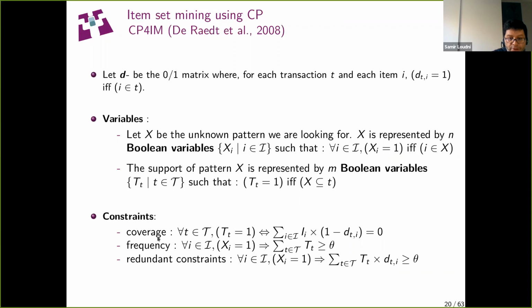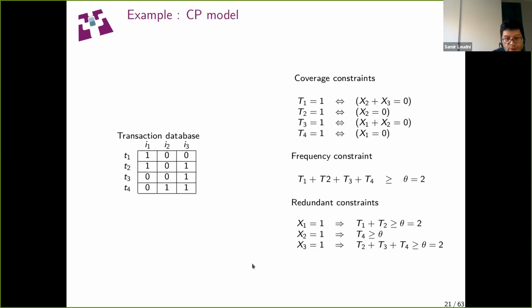By considering only the coverage and the frequency, we need n item variables and m transaction variables. So we have n plus m variables in total, and n plus m constraints to encode the whole problem of mining frequent patterns.